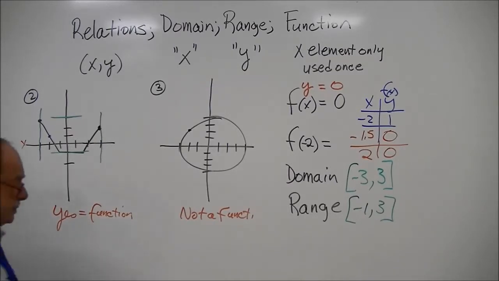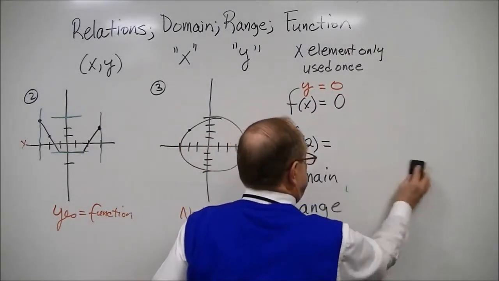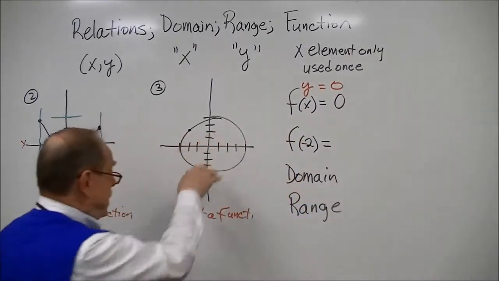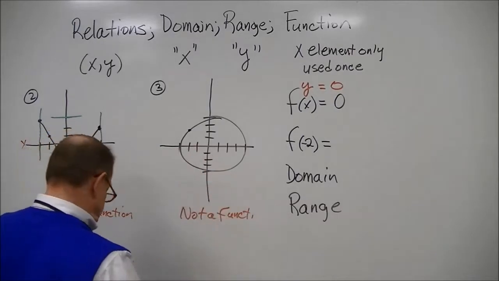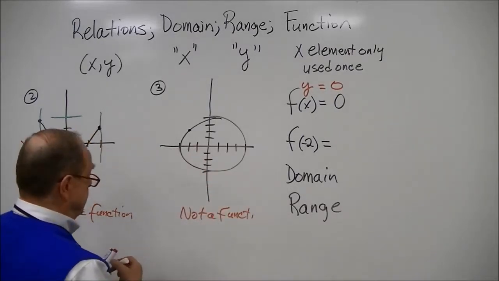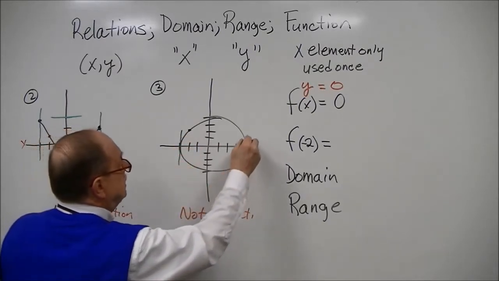Now, I'll just erase this because we'll look at the same thing for our other graph. Here, our domain should be pretty easy. It's starting right there and right there.